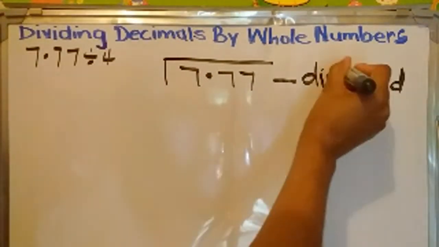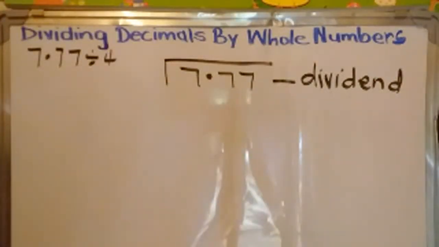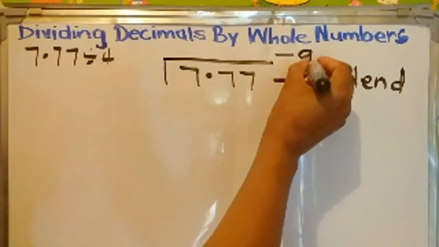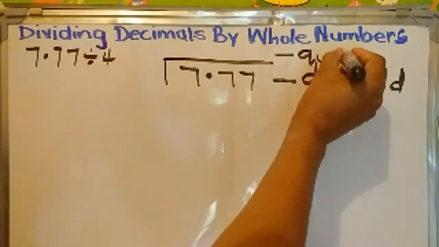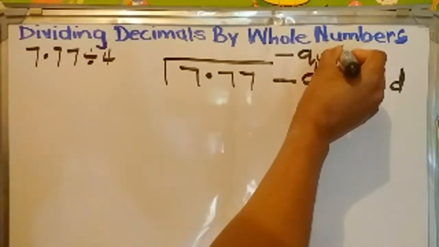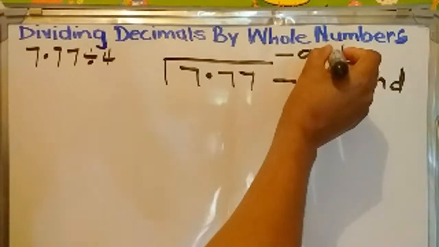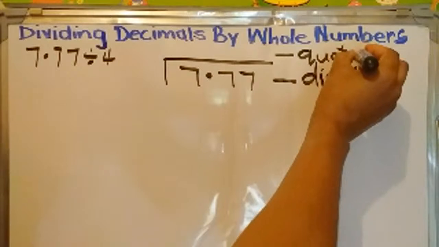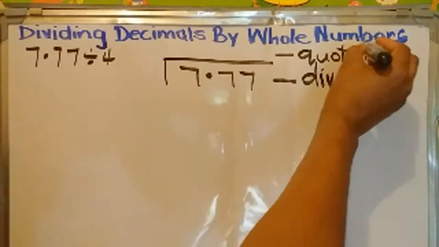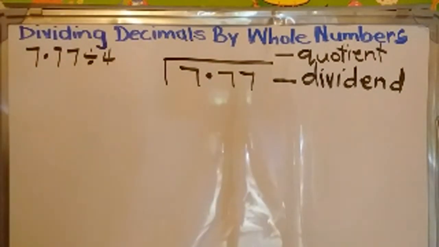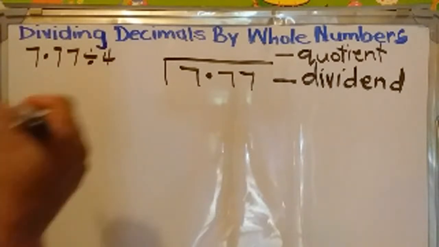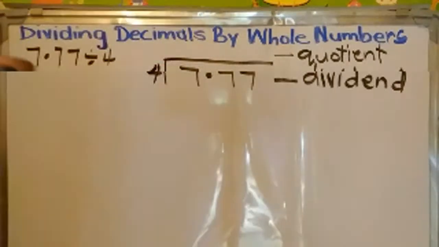Your answer is going to be your quotient. And in this problem, 4 is known as your divisor.